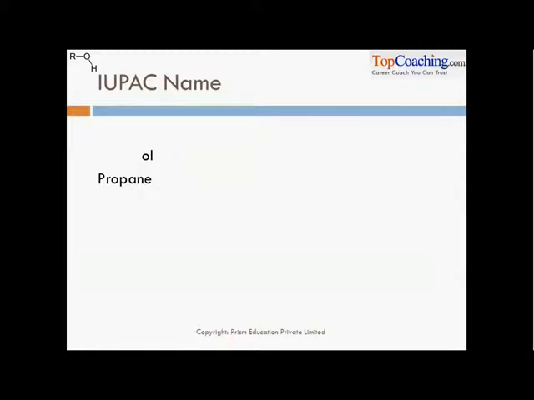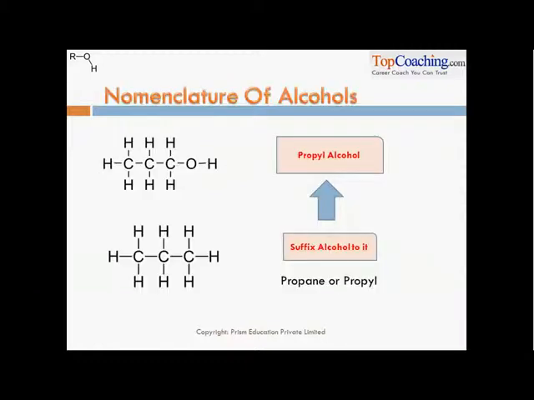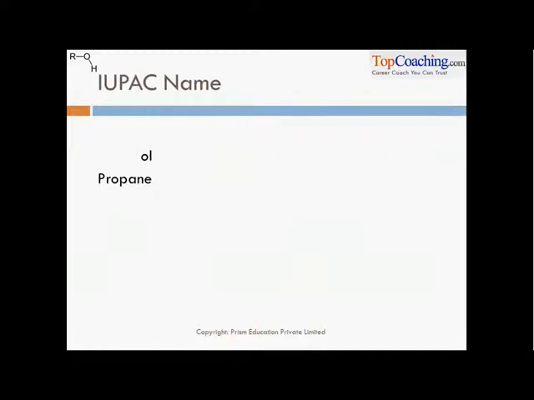In case of IUPAC name, what you do is you take the base hydrocarbon, remove the e and replace it with ol. So this compound will be called propanol, right? This one was a simple IUPAC name. We have rules for naming polyhydric alcohols, and branched chain alcohols and so on. Let us see what they are.